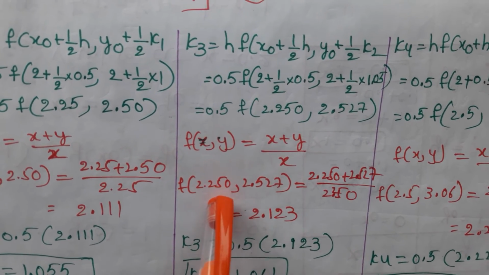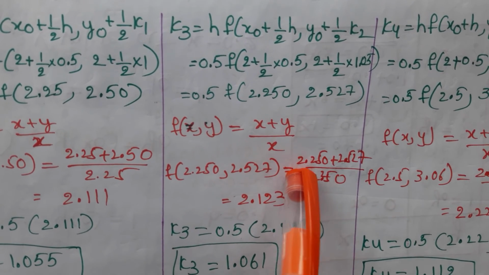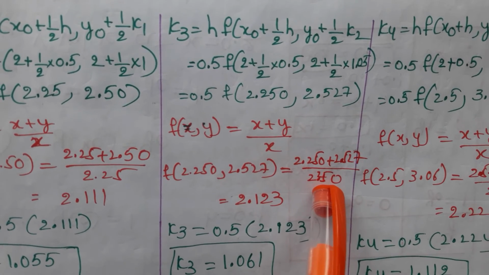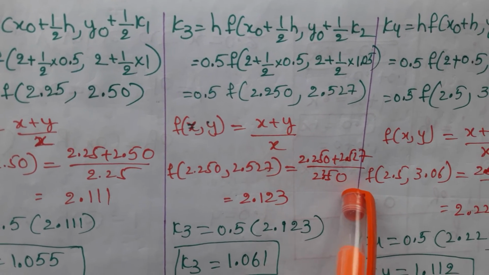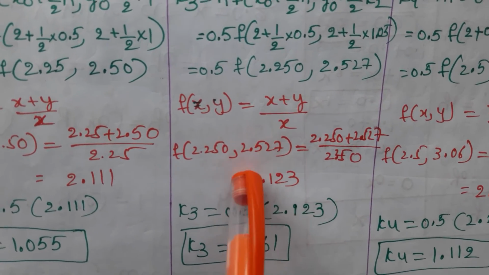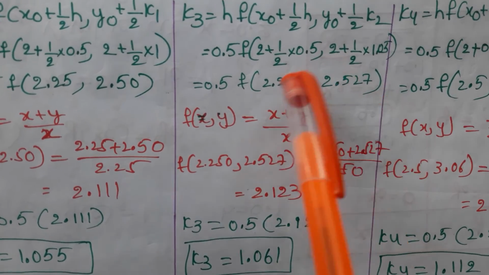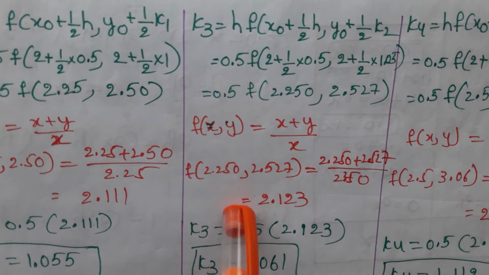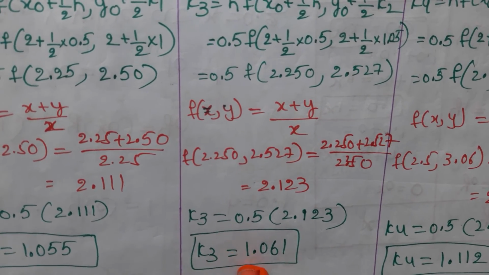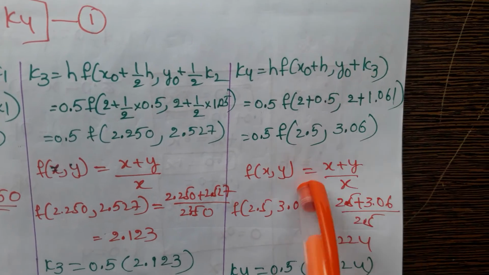So f of 2.250 comma 2.527 is (2.250 plus 2.527) by 2.250, which is 2.123. We substitute 2.123 here, so k3 is equal to 0.5 into 2.123, which is 1.061.